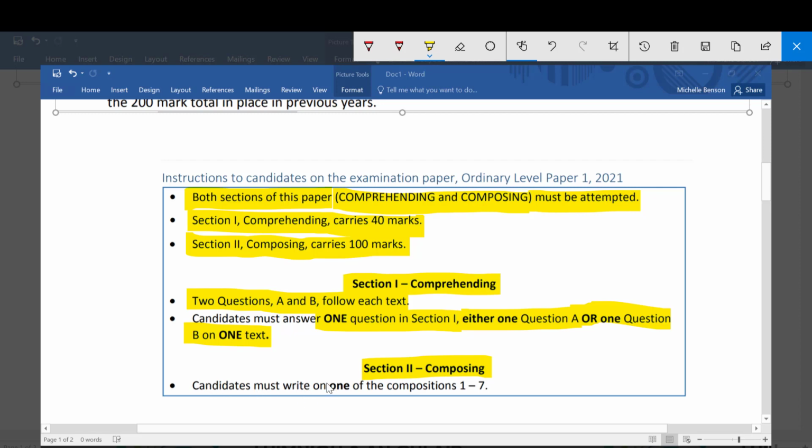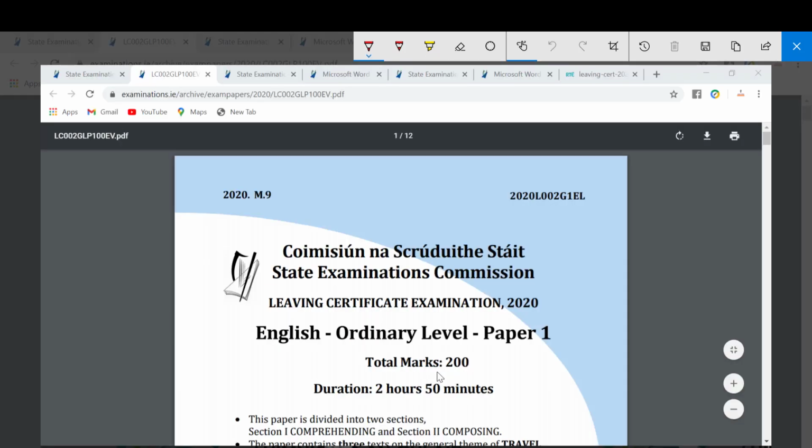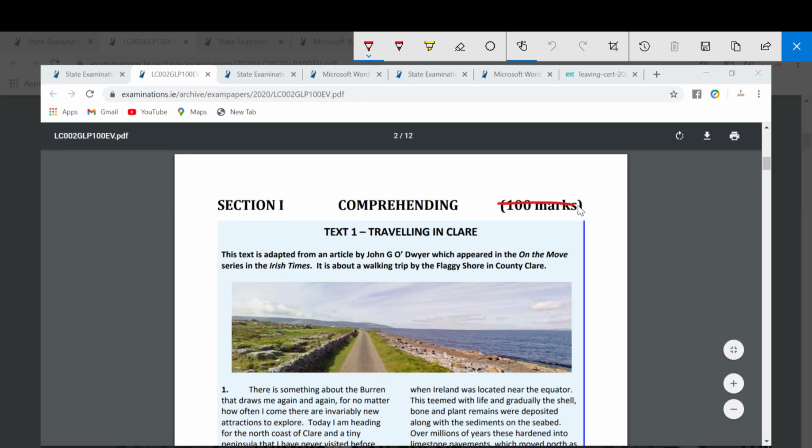Candidates must write one of the compositions from the list 1 to 7. Before it was worth 200 marks, but now it is worth 140 marks. The good news is they did not change the time, so you still have 2 hours and 50 minutes to do paper 1. This is now worth 40 marks.